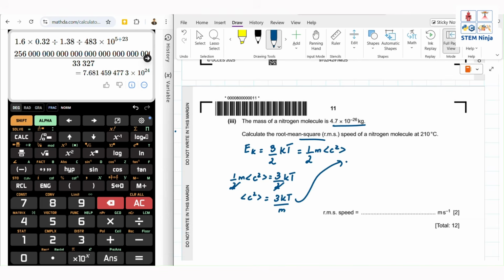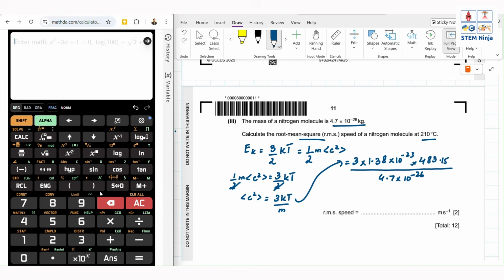So this would be equal to 3 times 1.38 times 10 raised to power minus 23, 483.15, divided by mass 4.7 times 10 raised to power minus 26. Remember, this is going to be mean squared speed, not root mean squared speed.